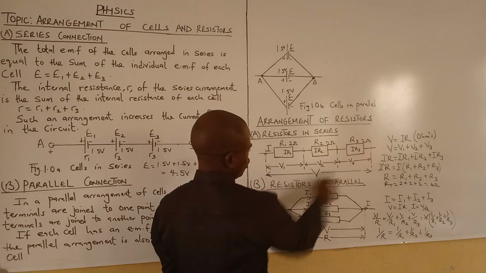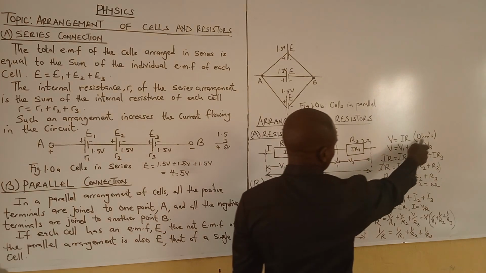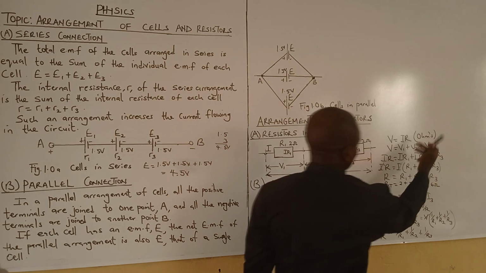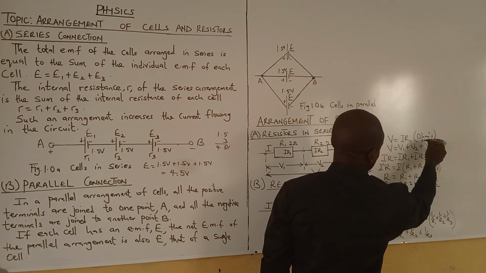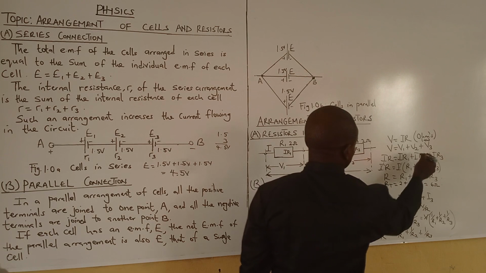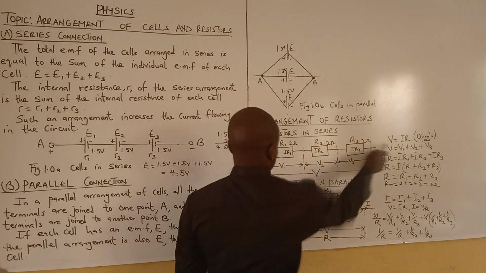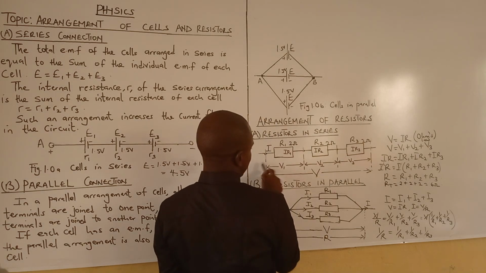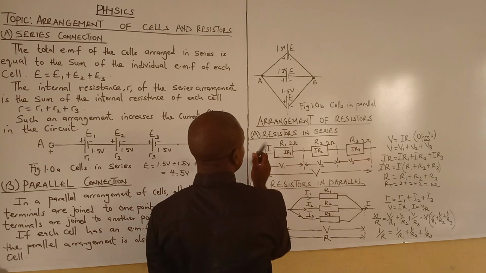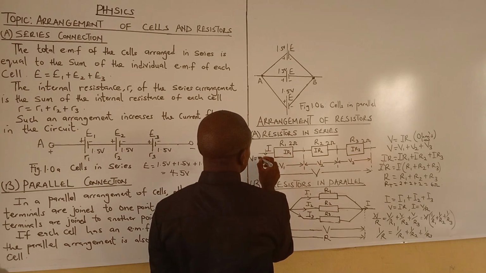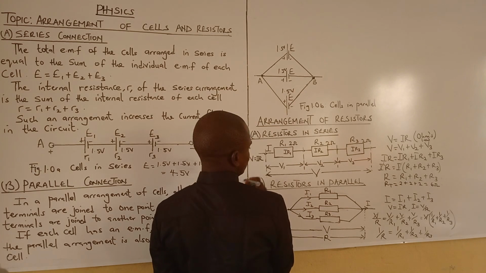Now your V equals IR, Ohm's law. V equals V1 plus V2 plus V3. V equals IR, because the voltage that is coming in is I times the resistance.